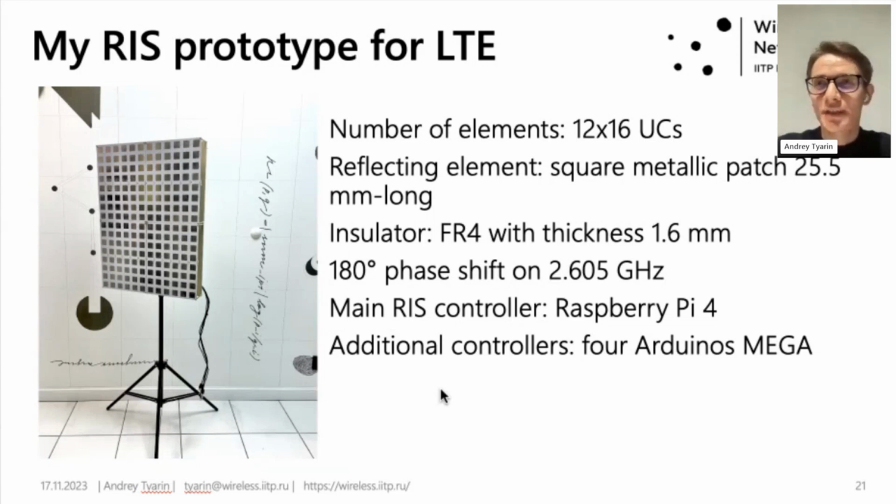Between RIS and RX around 3 or 5 meters, and the direct link between TX and RX is also around 200 meters. We have a direct link between RX and TX, but it was weak.